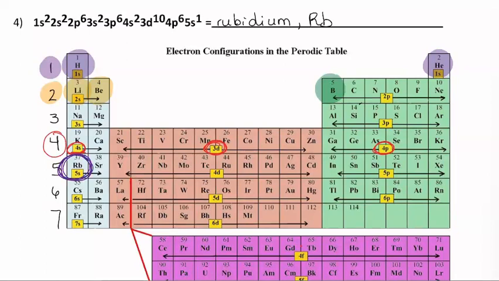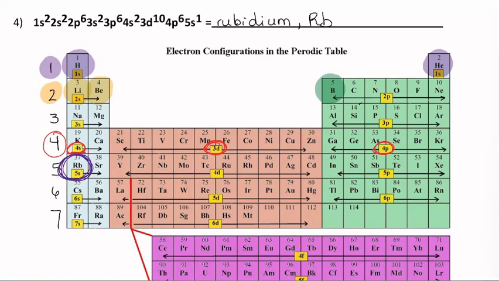You see that there's 2 of them that live in 1s2. There's 2 of them that live in 2s2. There's 6 that live on 2p. There's 2 that live in 3s. There's 6 that live in 3p. There's 2 that live in 4s. There's 10 of them that live in 3d. There's 6 of them that live in 4p, and there's 1 of them that lives in 5s.